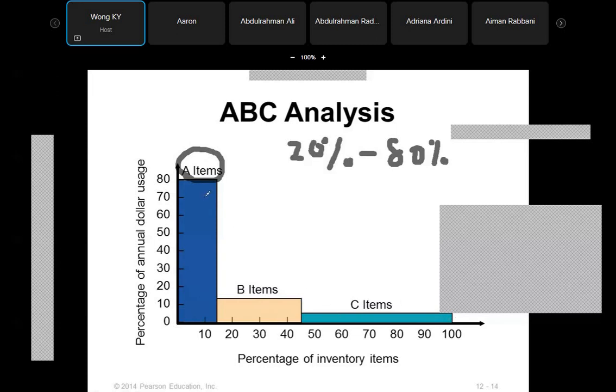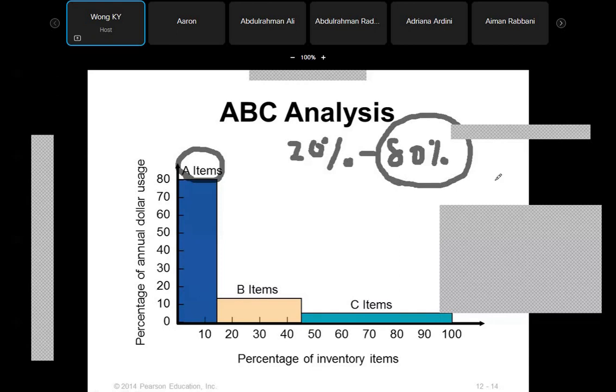Once you understand this concept, it means that in inventory management, we should focus our attention on managing this class A inventory. This class A inventory is not many, it only accounts for about 20%. But if we can manage this 20% of the inventory well, then we are managing 80% of the total inventory value.